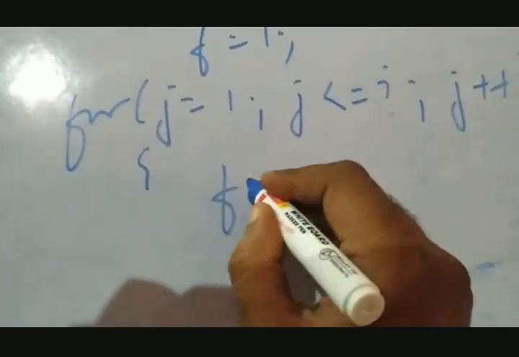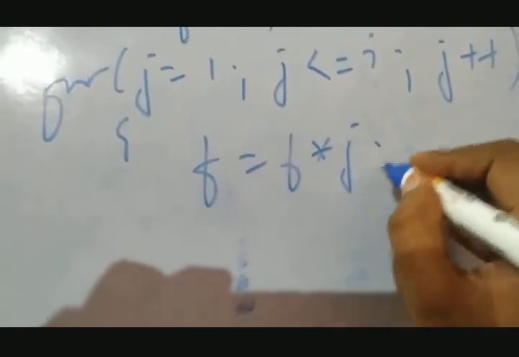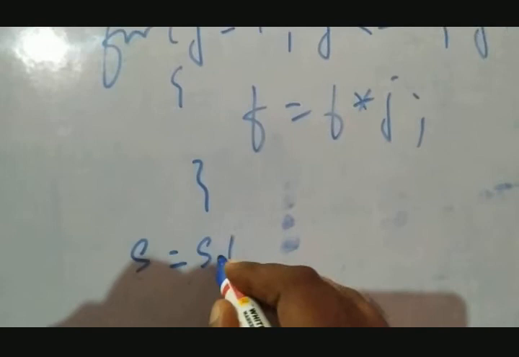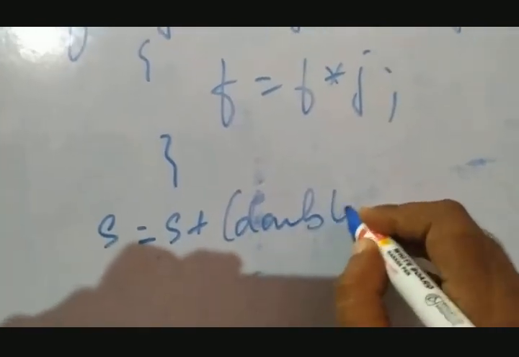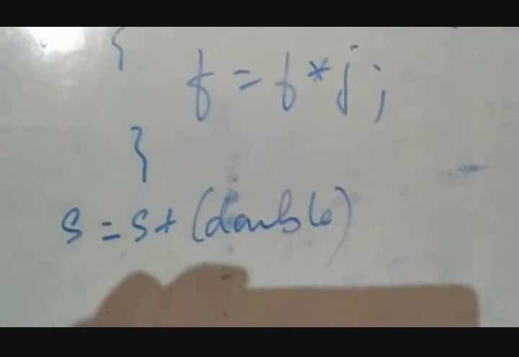So you are getting a factorial f equals to f into j, and now here the sum equals to s plus. It's a double. Since we are dividing it, we need to get an answer in decimal form, so we are going to divide it as double. Alright, now we are going to divide it.